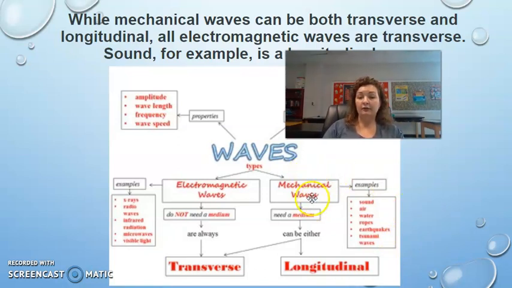So if we go down from mechanical waves, you will see that all mechanical waves require a medium to travel through. So they have to have particles which they can travel through to become a wave in the first place, right? They can be either a longitudinal wave or a transverse wave. So mechanical waves could be either or.